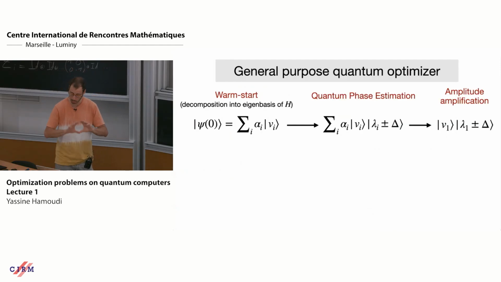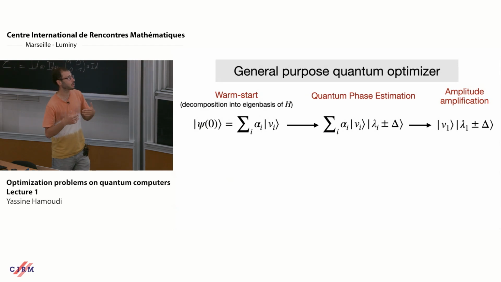Let me give you the full algorithm, and you'll see how it works. There are essentially 3 steps. First, you have to come up with a warm start, which is just any state of your choice. Here it is written in the eigenbasis of H, and the amplitudes alpha_1 up to alpha_{2^n} depend on which state you have chosen.